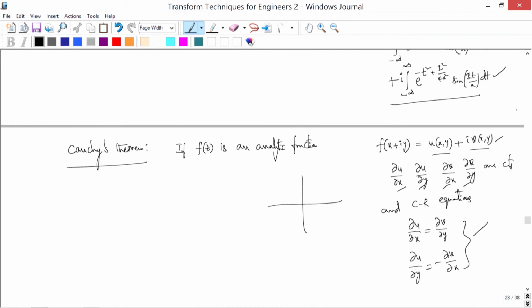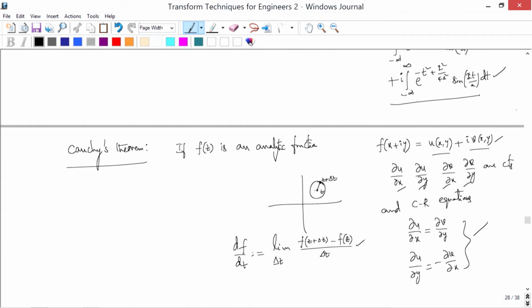You take in the plane any function f of z, and the complex derivative df by dz is defined in the usual way: you take any delta z, in any direction, you take z plus delta z, then you calculate f at z plus delta z, minus f of z at the center point, divided by delta z.